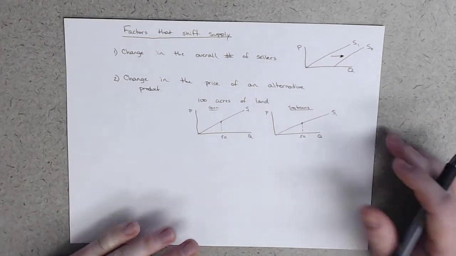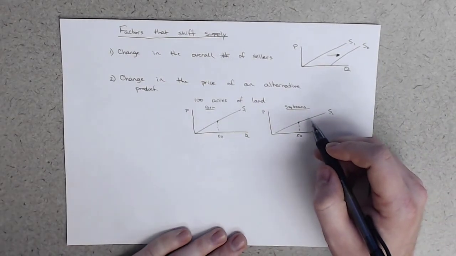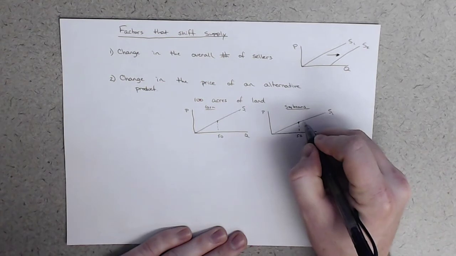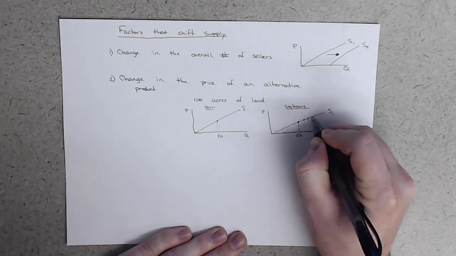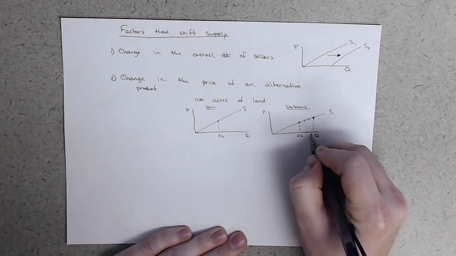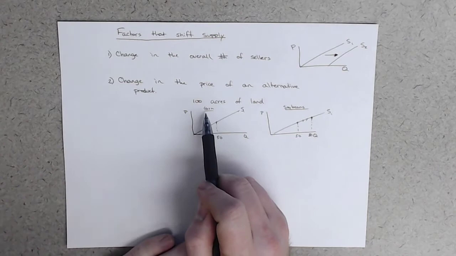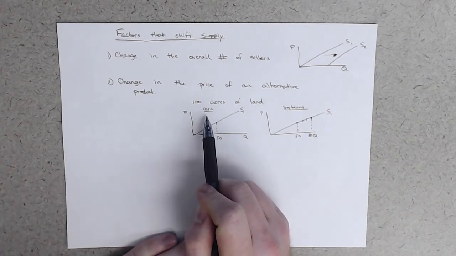Okay, and so let's pretend that the price of soybeans increases. So we would move up along the supply curve for soybeans to, let's say, 80 acres. Okay, but the price of corn hasn't changed, right?